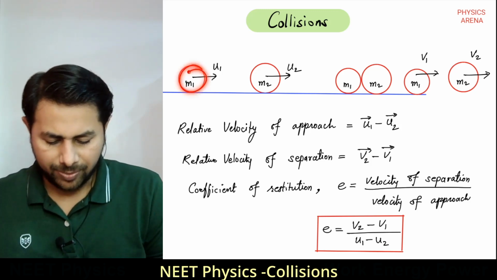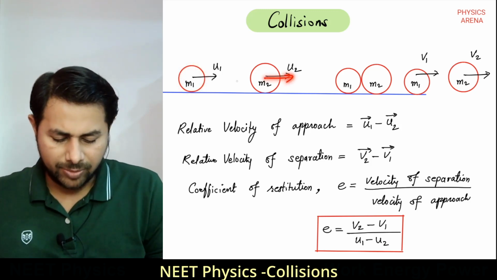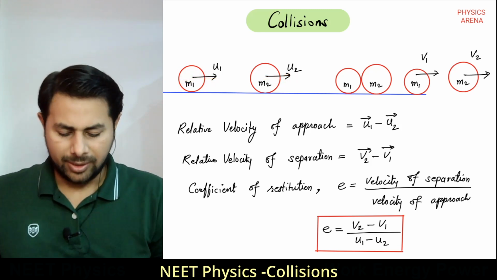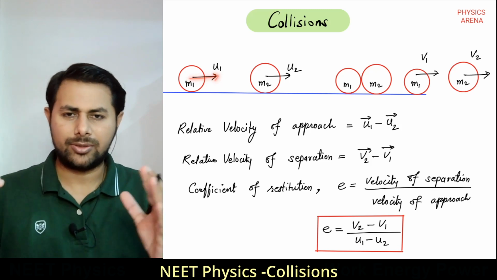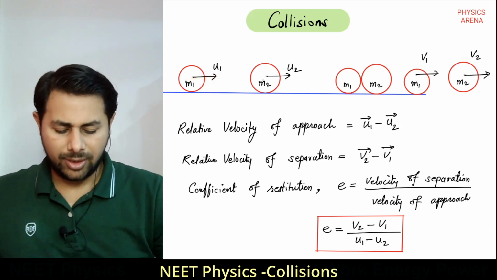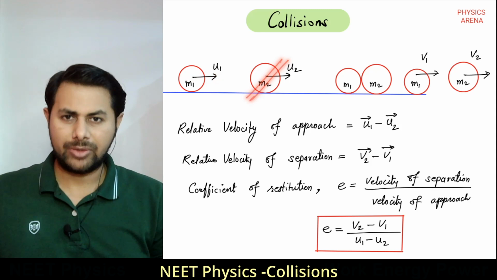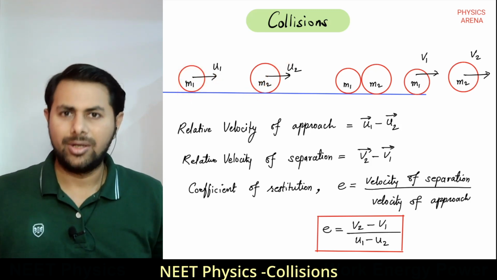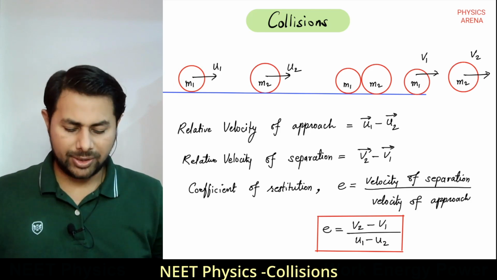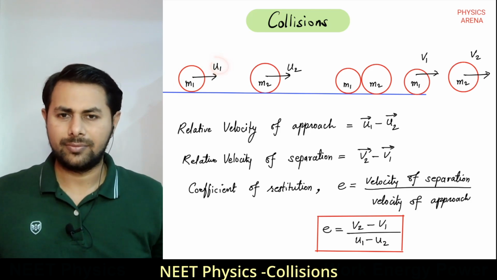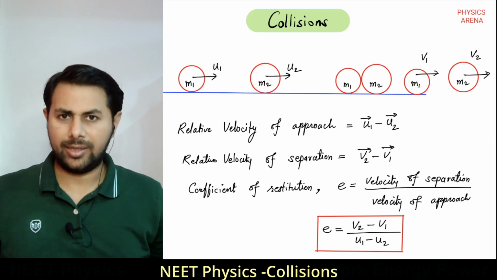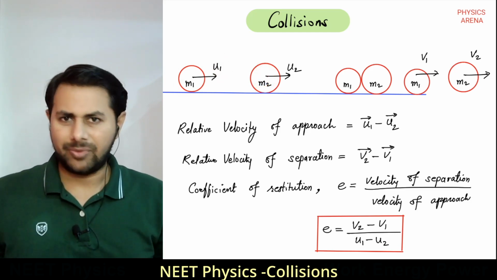So both of these bodies are moving. m1 is moving, m2 is also moving, but m1 is approaching closer to m2. If m2 was not moving, then we could say m1 was approaching m2 with velocity u1. But because m2 is also moving, we need to take relative velocity.